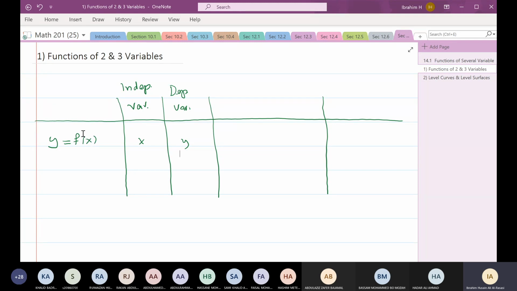So y depends on x. We call it the dependent variable. What is the domain in general for a function of 1 variable? The values of x. What are the values of x usually? Real numbers, on the x-axis.